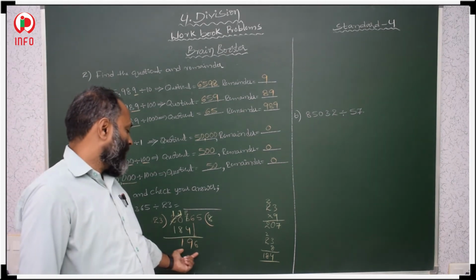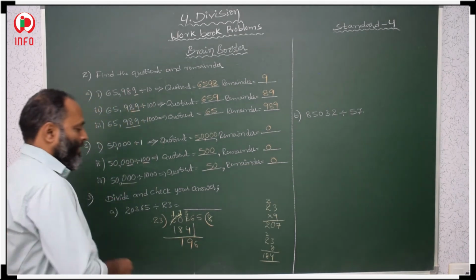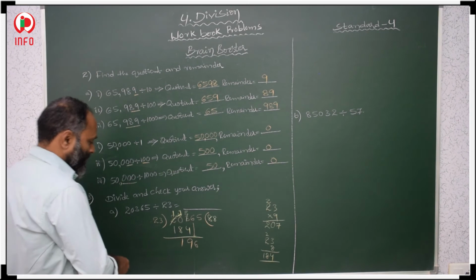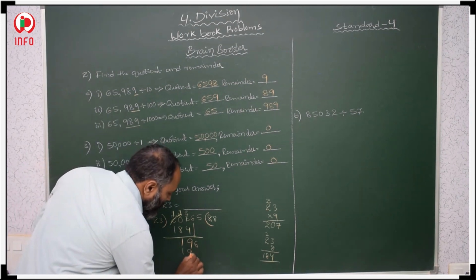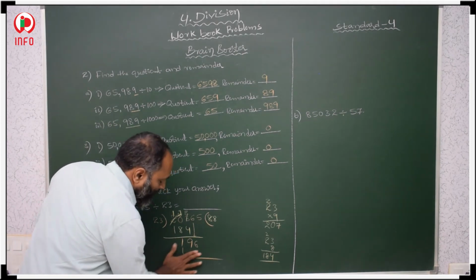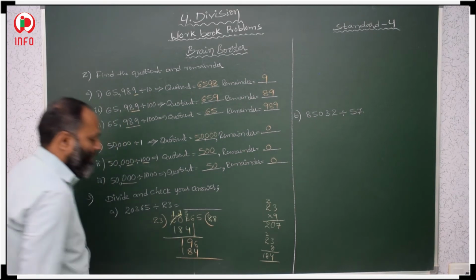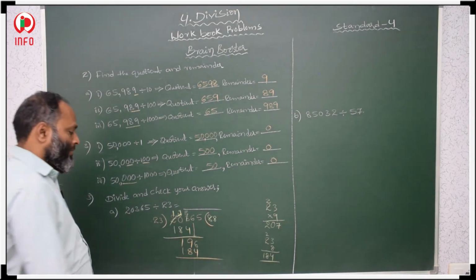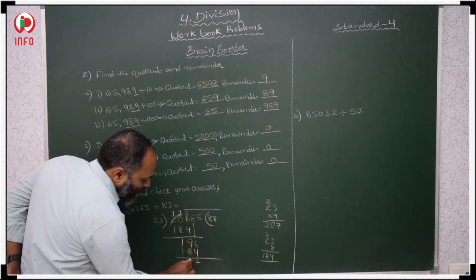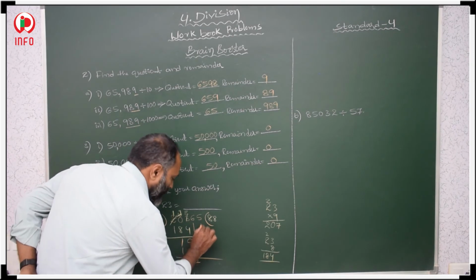Again this 196 is near to 184. 23 eights are 184. Okay. Now minus. 6 minus 4, 2. 9 minus 8, 1. 12. And after that we have to take 5.